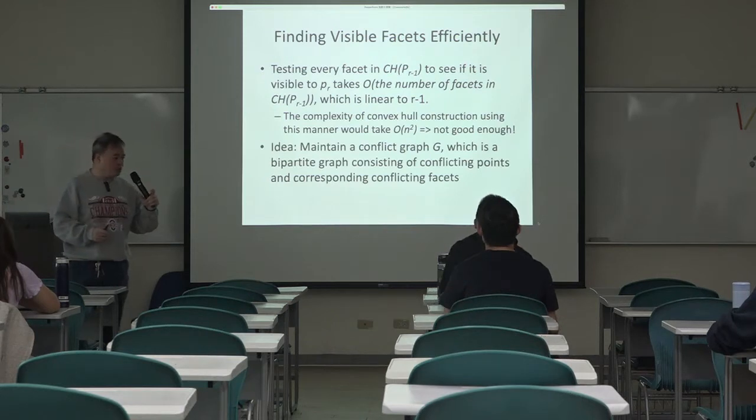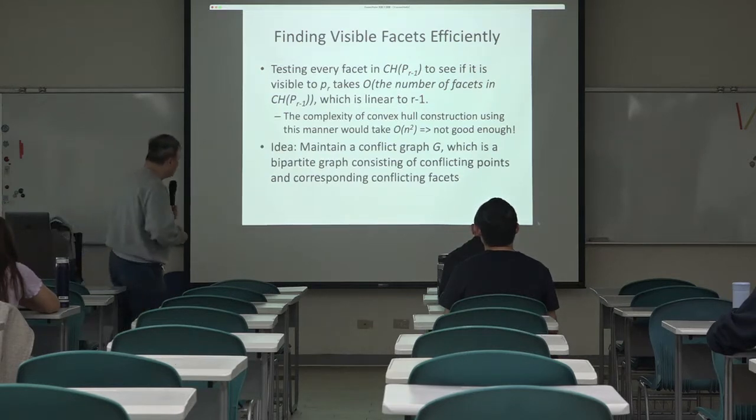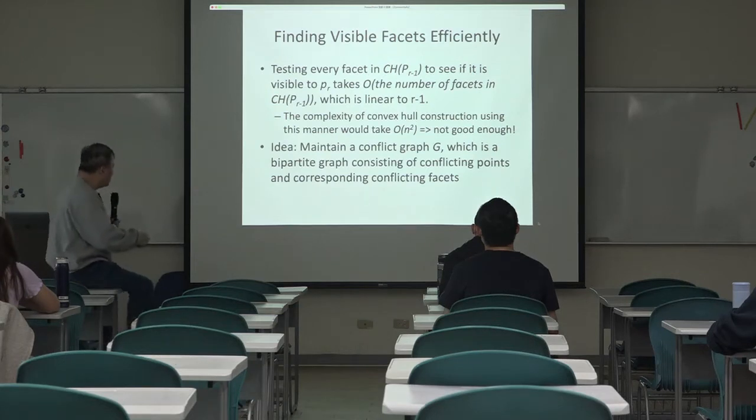So you don't have any edge inside one of these two sets. That's the idea of the bipartite graph. So, this conflict graph.